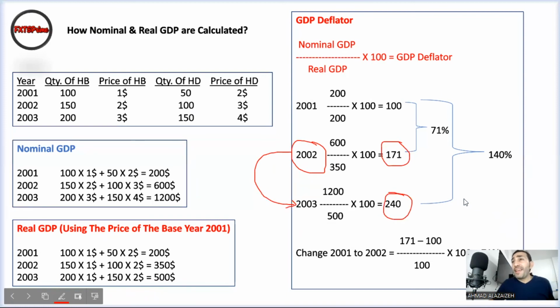So the formula is 240 minus 171, divided by 171, that is the deflator of the base year, because we are taking now 2002 as a base year, not 2001. I'm just trying to show you the base year, it doesn't matter. Multiplied by 100.